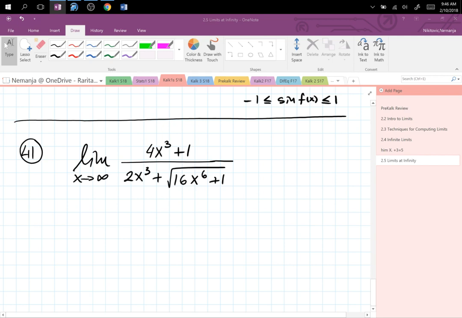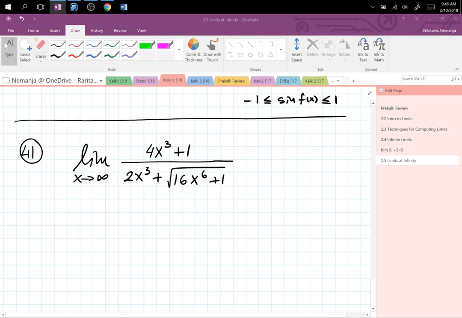What's the highest exponent in the problem? 3. The square root of x to the 6 is x to the 3. It's of that order. You cannot take that square root because of the +1. But the order of it is x cubed.